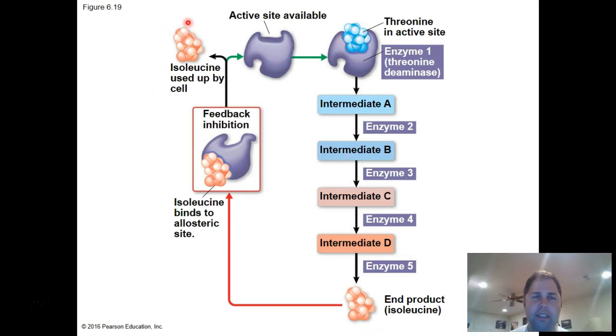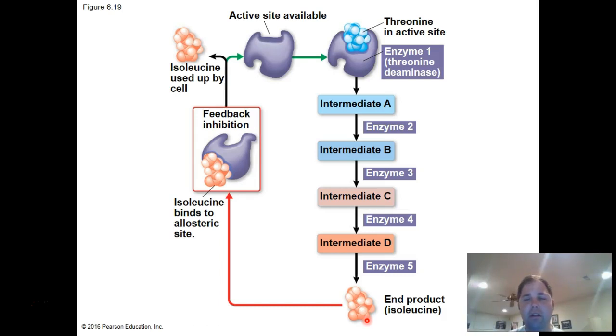Once the isoleucine gets used up by the cell for whatever cellular processes, it's going to leave the non-competitive inhibition site. It is no longer going to be inactivating enzyme 1, and enzyme 1 will start doing its job again. And so these reactions can cycle themselves: once they get to completion, they stop working until the amount of product that's available drops again, and the reaction will start working again.